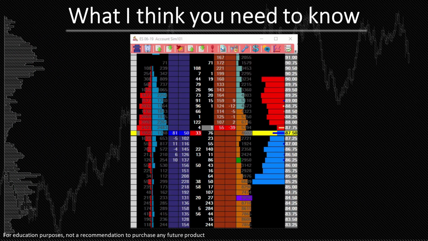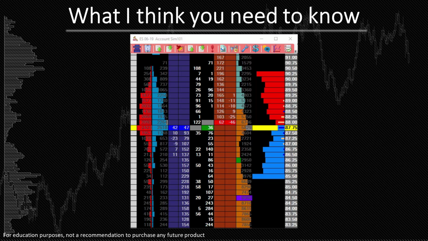Okay, so in closing, we'll sit here and watch this level 2 for a second as I talk. Told you we'd come back to this. I don't think the shape of candlesticks or candlestick patterns mean a whole lot. I think it's more about the amount of trading that happens at a level.